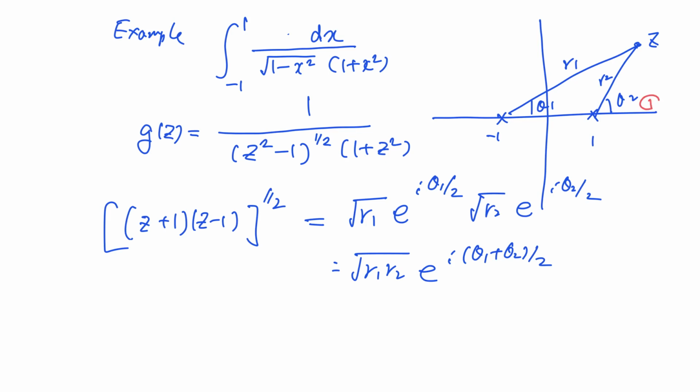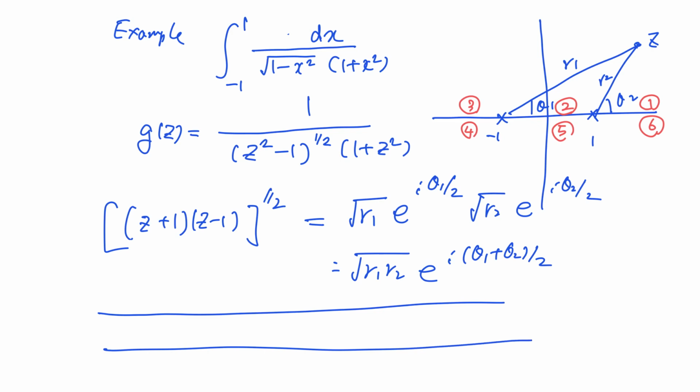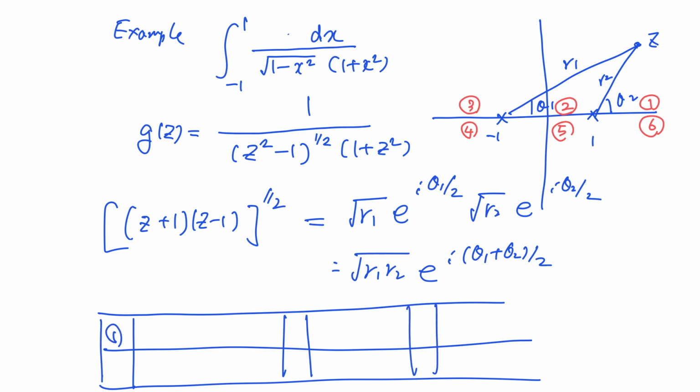So let's consider points 1, 2, 3, 4, 5, 6 and the angles. What we assume is that 1 through 6 are all very close to the x-axis. So this is your x-axis.